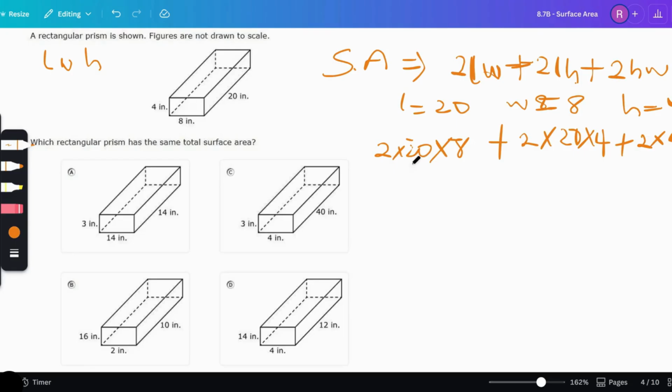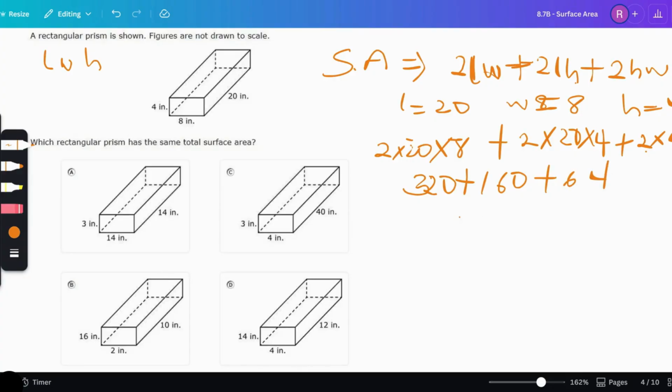So 2 times 20 is 40. 40 times 8 will be what? That will be 320. Plus 2 times 20 is 40, 40 times 4 is 160. Then plus 2 times 4 is 8, 8 times 8 is 64.